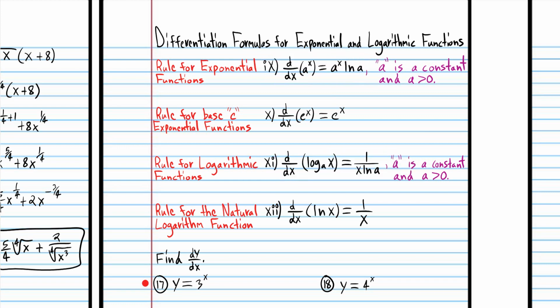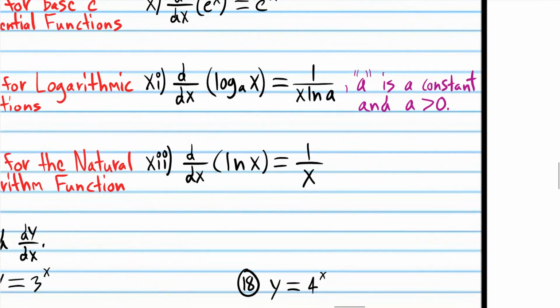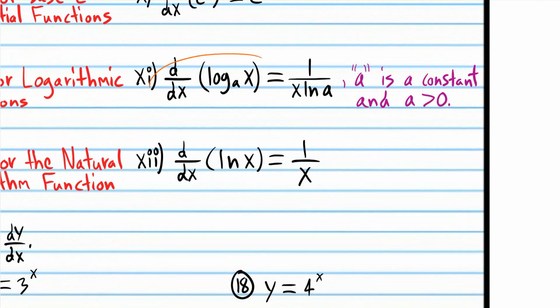But just be aware that these ones here are not really covered much in the curriculum. Now again, the derivative of this logarithmic function is 1 over x times natural log a, but in the special case where a is e, the natural log e just disappears in the formula because natural log e is just 1.